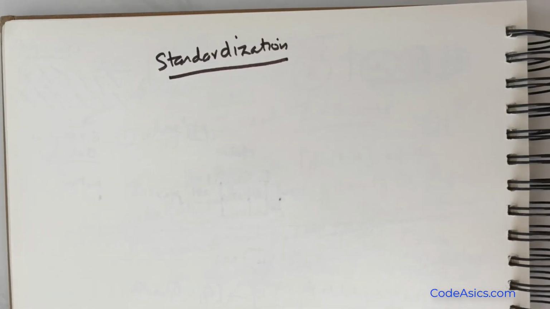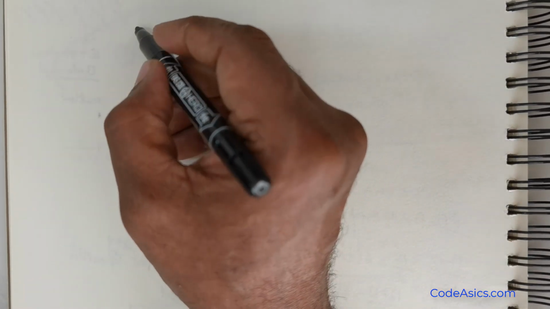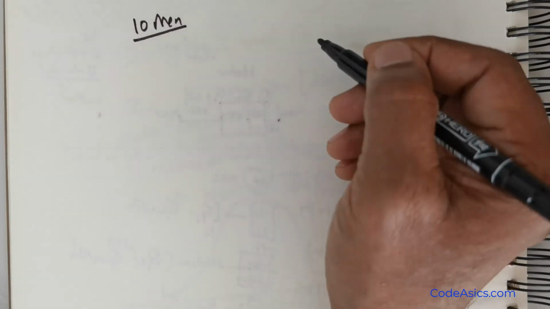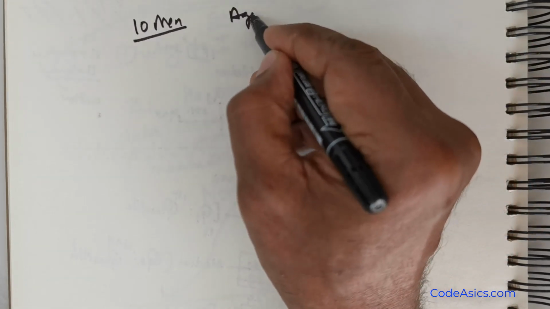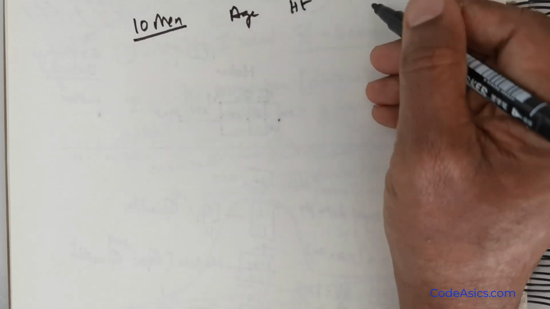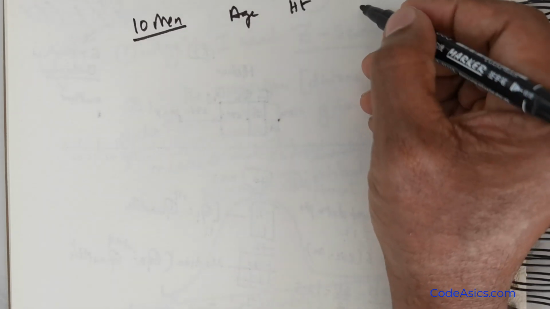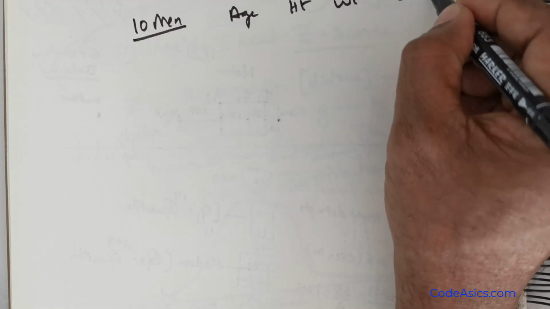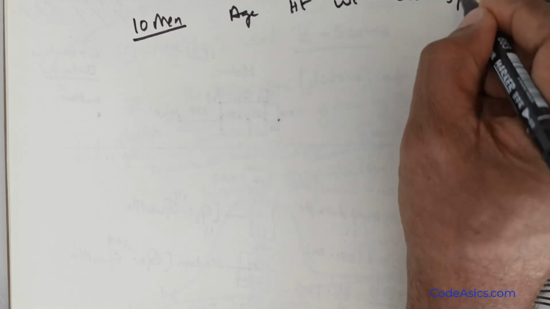Now what is standardization? Now suppose you have 10 men and you have their age, the height, and their weight and their salary per month.